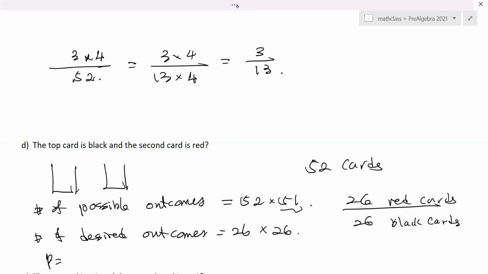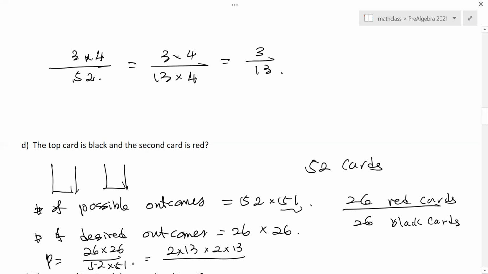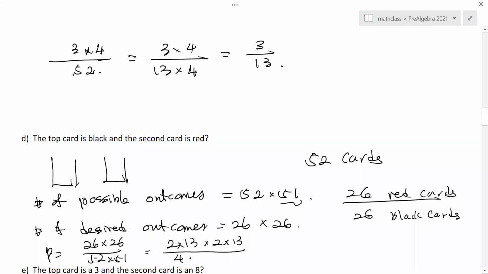The numerator is 26 times 26, and the denominator is 52 times 51. 26 is 2 times 13, and 52 is 4 times 13. So the 2s and 4 cancel out, the 13s cancel out, and it's only 13 over 51. So 13 over 51 is the correct answer.